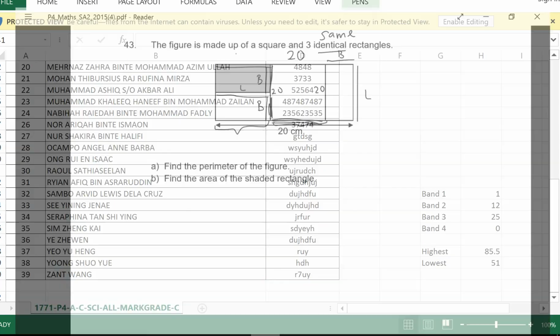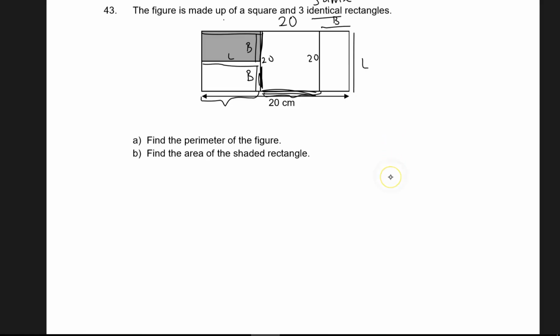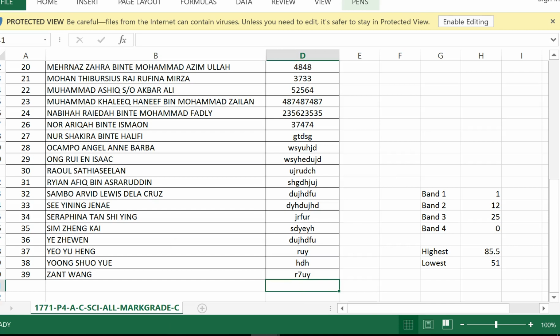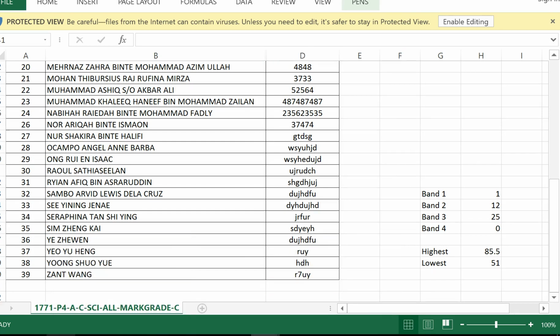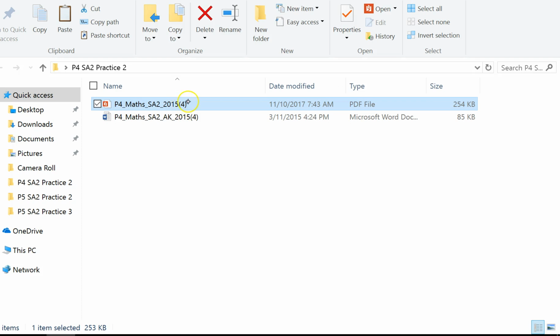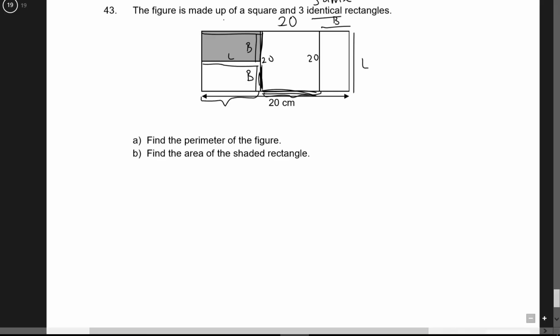Okay, so let's continue. Alright, now where did my... went to? Okay, let's open up the file again. I think there's some problems with the computer. So let's open up the file. We are at question 43.